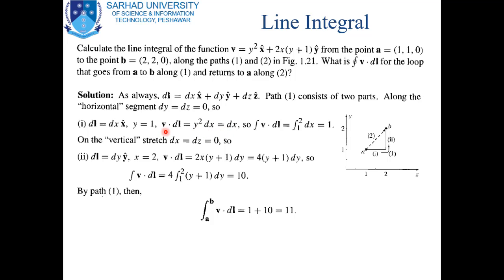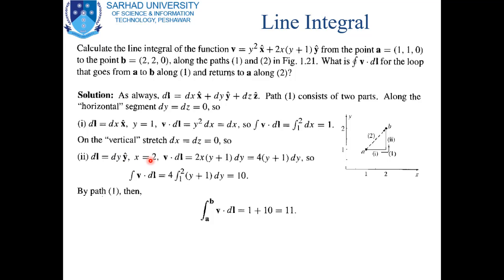So the value of v dot dl for this line is equal to dx, and we will integrate this from 1 to 2, and our answer will be equal to 1. And for the vertical length, dx and dz are equal to 0, and our differential length element will be only dy y cap.